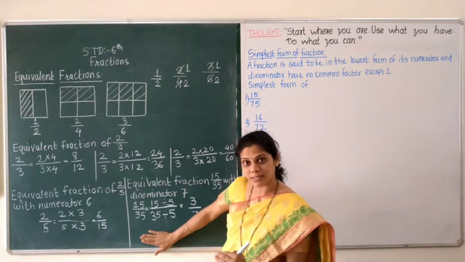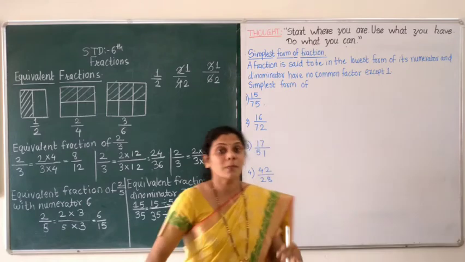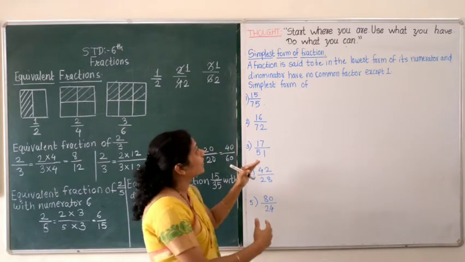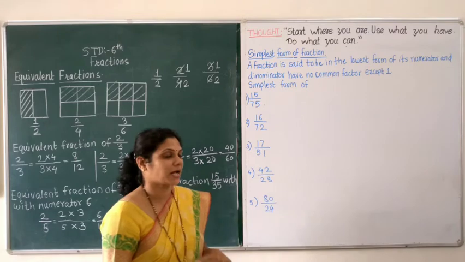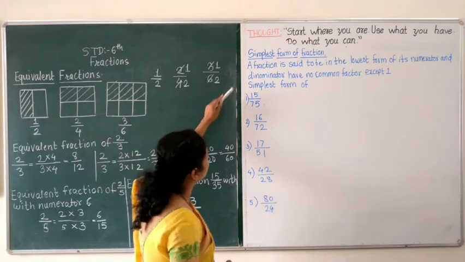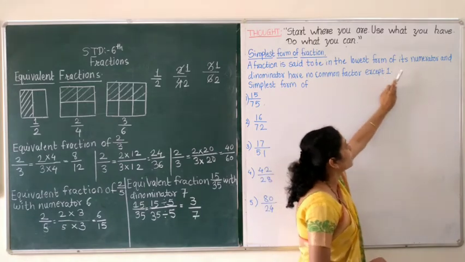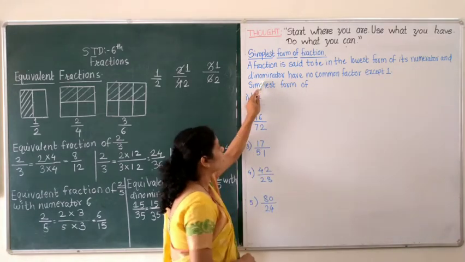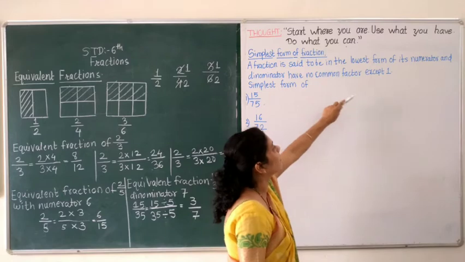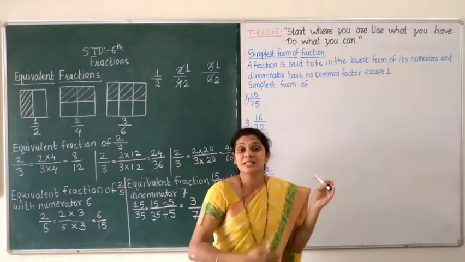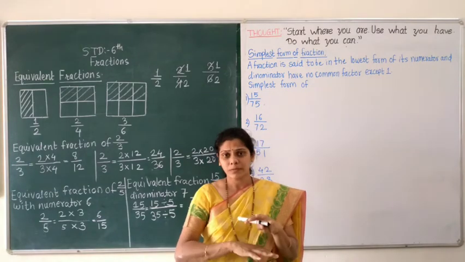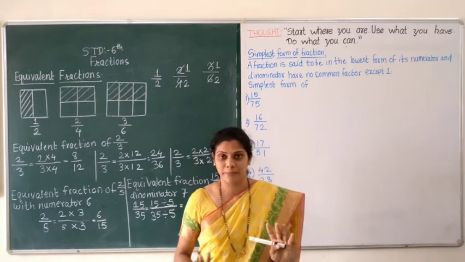In this sum we have already studied. So by dividing, I can find out the simplest form of a given fraction. So here is the definition. A fraction is said to be in the lowest form if its numerator and denominator have no common factor except 1. That means these both numbers do not come in any common table.